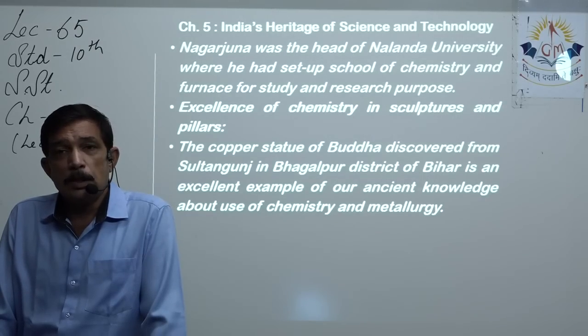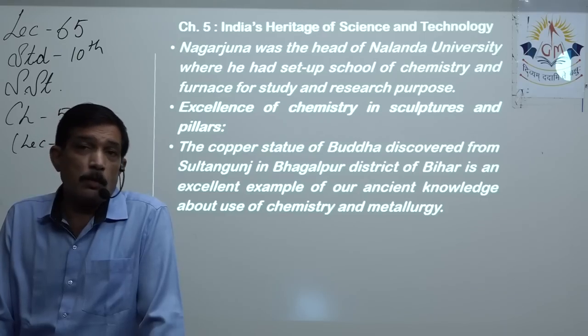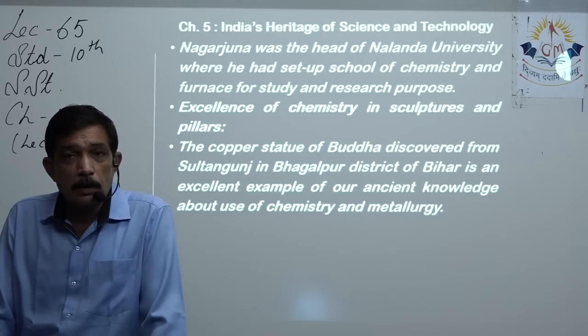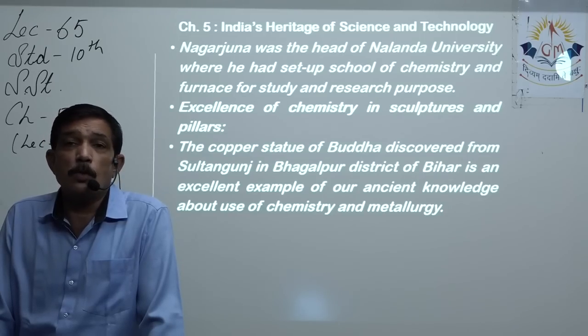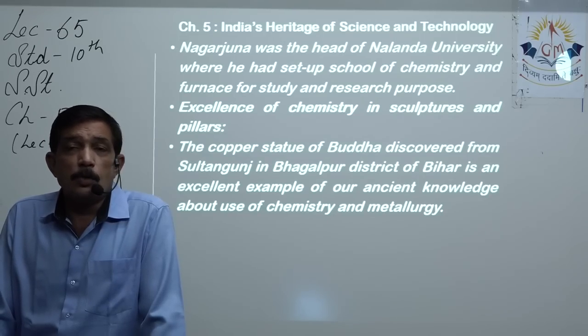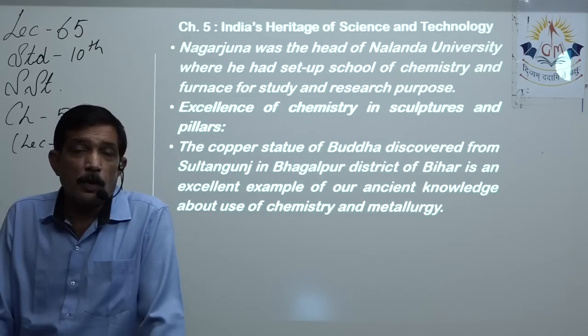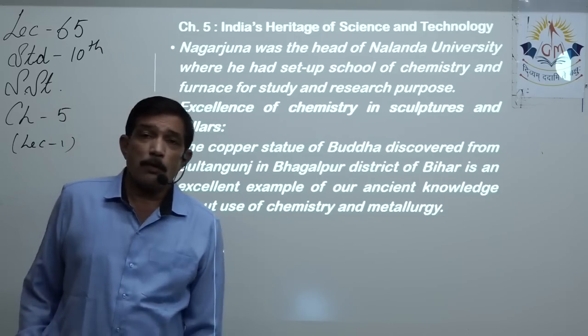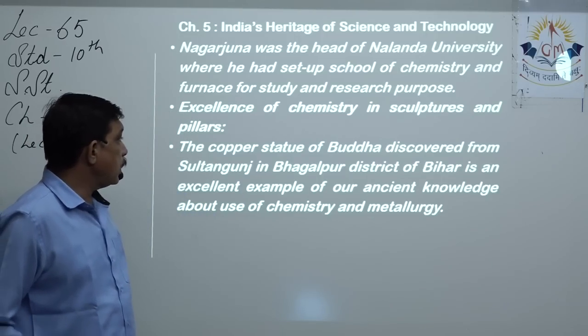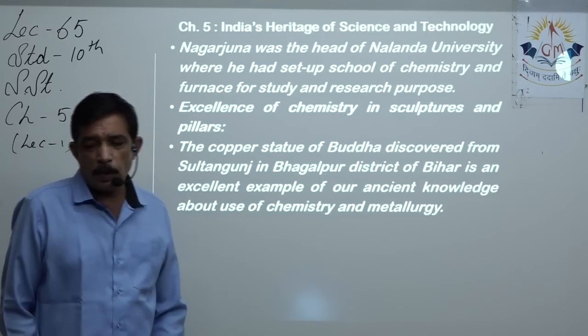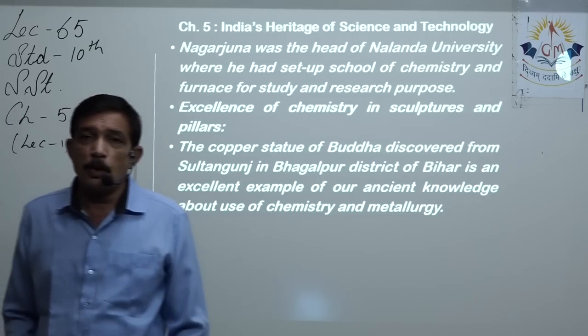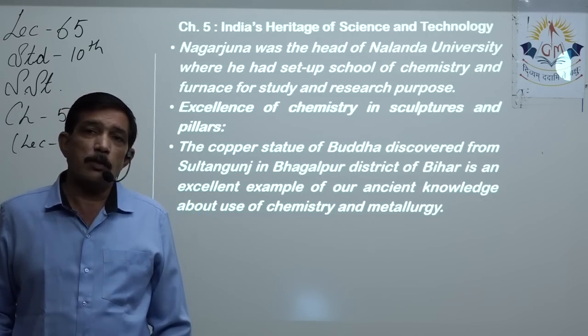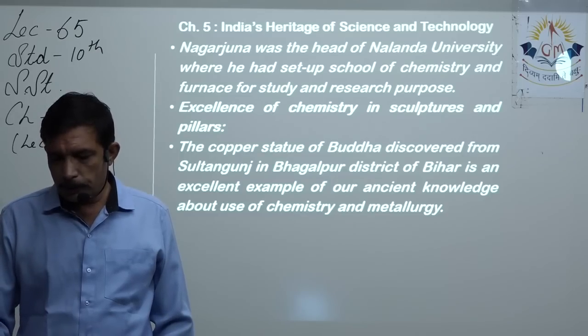That means in ancient times they had all the knowledge about copper, how to find it, where to find it, how to refine it, and then how to make statues from it. That is an excellent example where both metallurgy and chemistry are used.